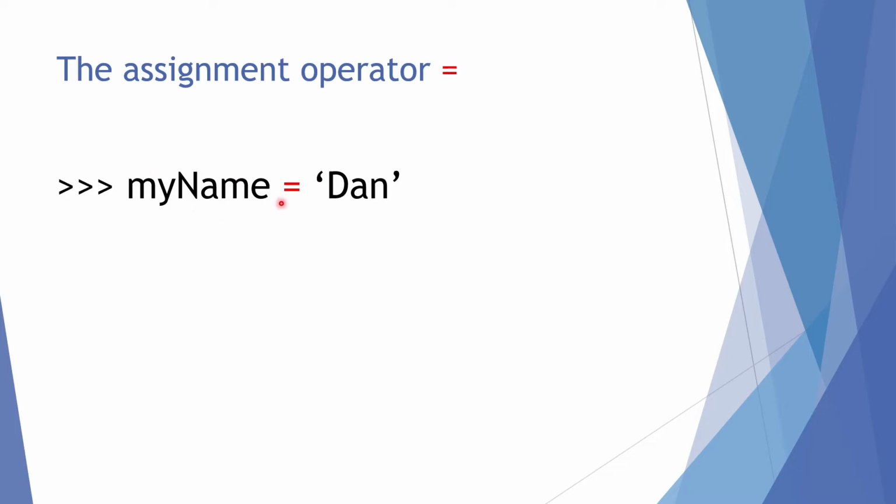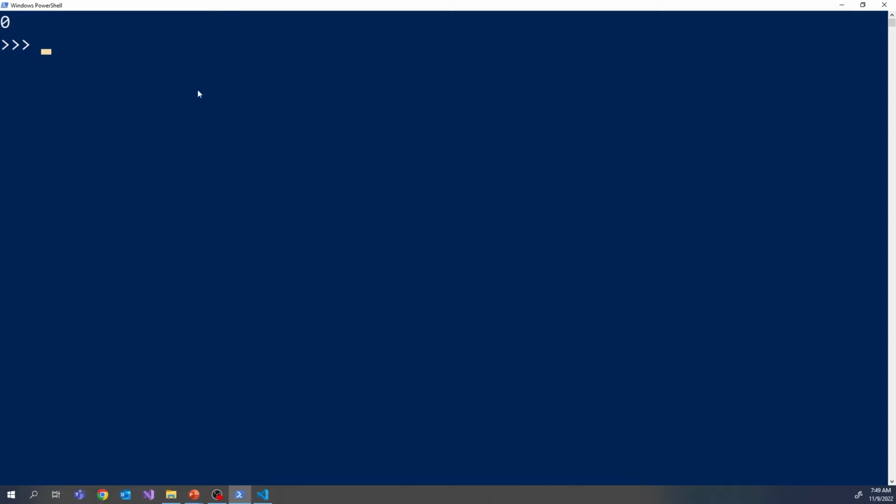So my name gets the value of Dan. So for example, I will open a Python shell, and we can demonstrate that. For example, let's say we have two variables, x, y equals 5, 6.